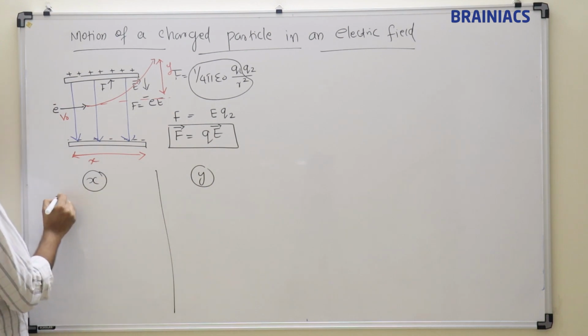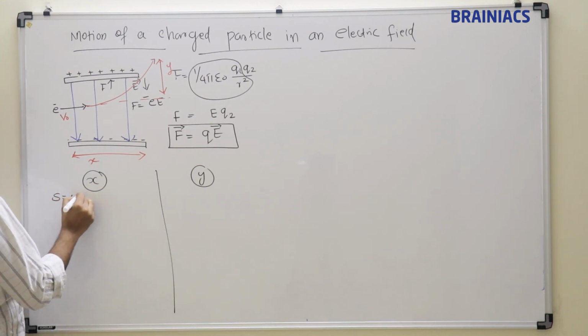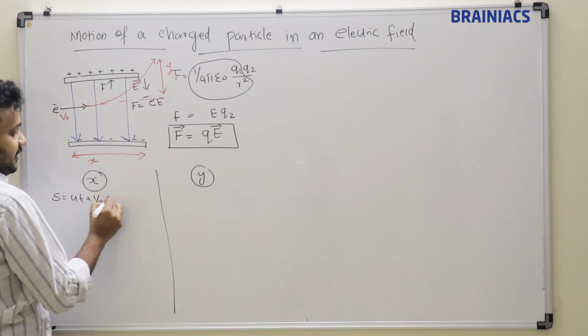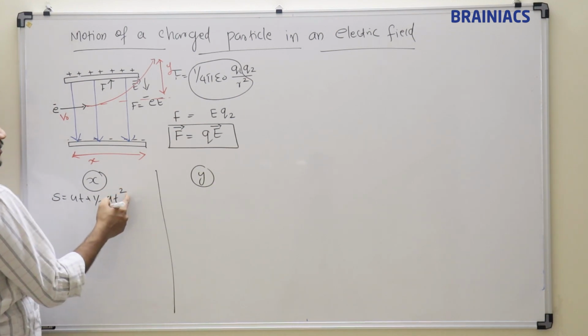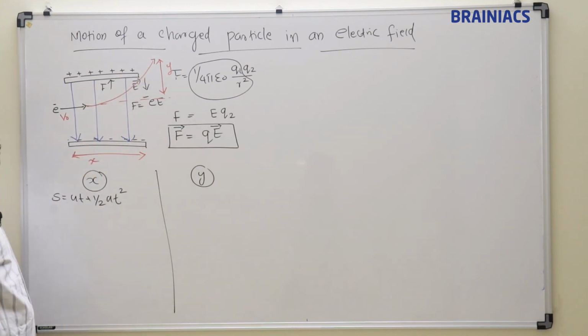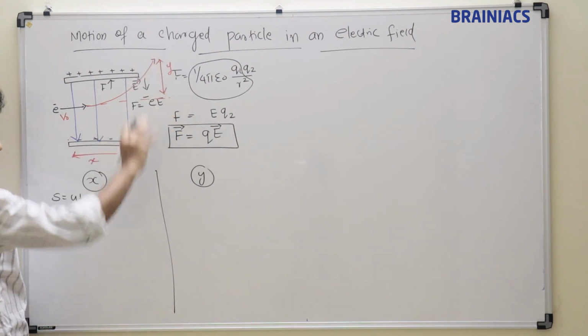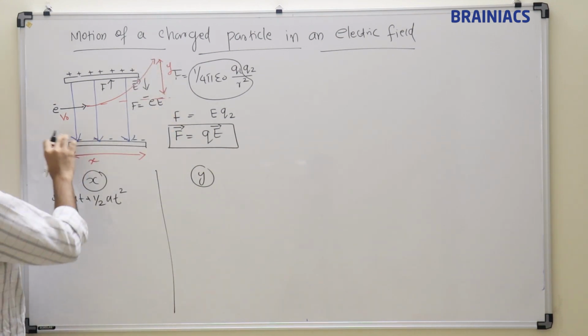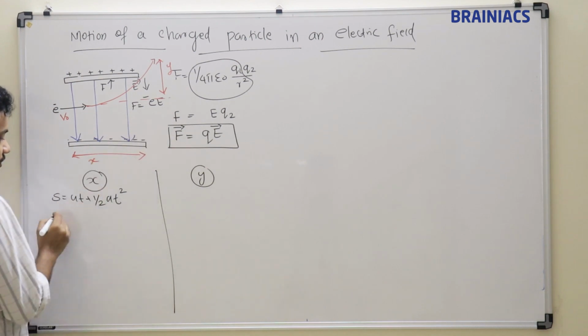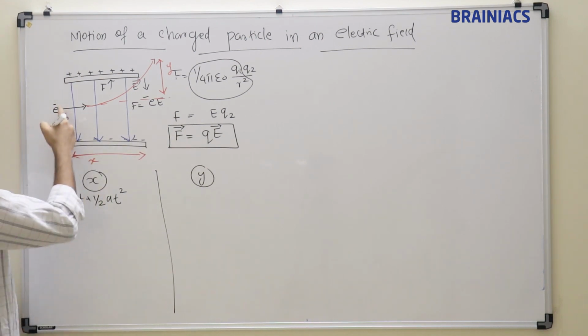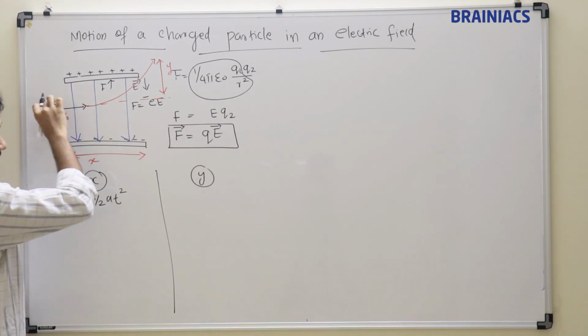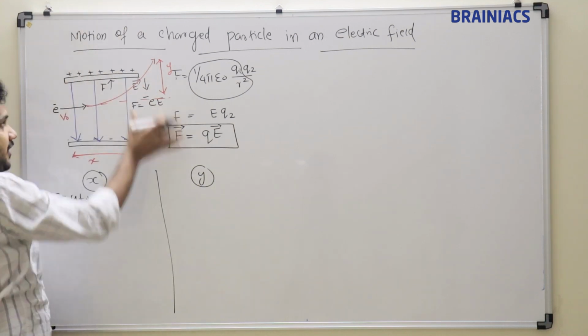In the x axis, we know the general equation S is equal to ut plus half at square. This is a quadratic equation, its power is 2, and this is a two-dimensional motion. It is a parabolic shape. So we will substitute. S is the horizontal distance in the x direction, so S will be equal to x. What is the initial velocity? V0 in the x direction only, not in the y direction.